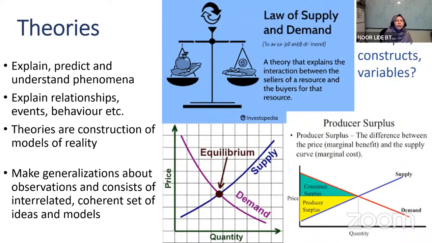So there's this theory that explains how we reach an equilibrium for supply and demand. So we have this concept of supply. What is supply and what is demand? How do we measure supply and how do we measure demand? So when we talk about theories, we also have to talk about concepts, right?